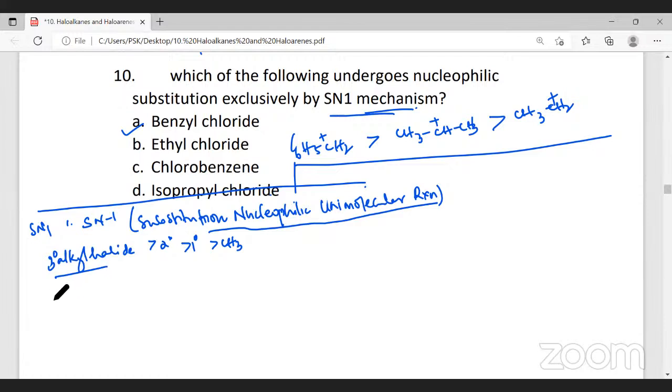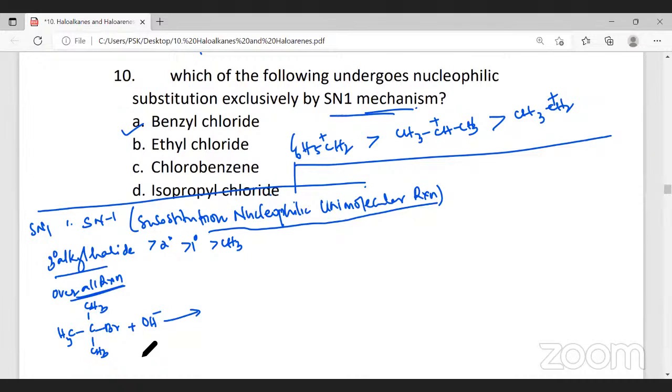We will learn the reason later. Now, what is the overall reaction? The overall reaction is this. Tertiary alkyl halide. Now, we will take an example, tertiary butyl bromide. This tertiary butyl bromide is allowed to react with a nucleophile like KOH or NaOH. KOH gives you K plus and OH minus.